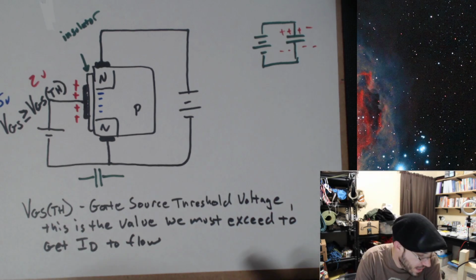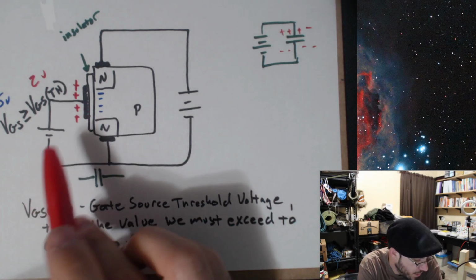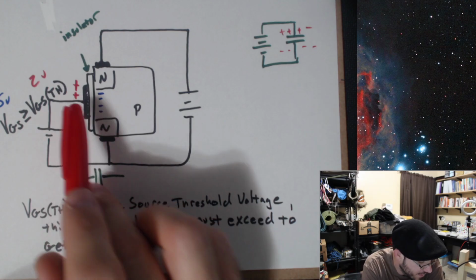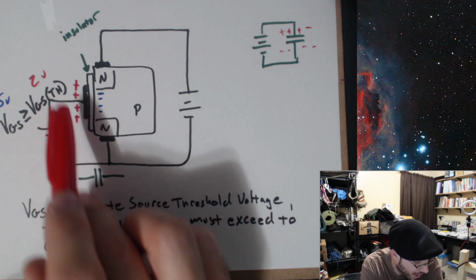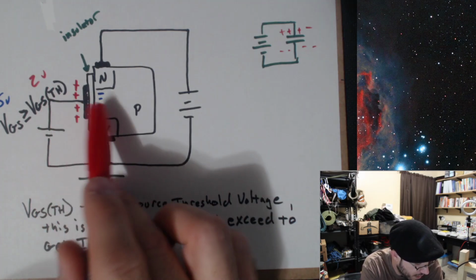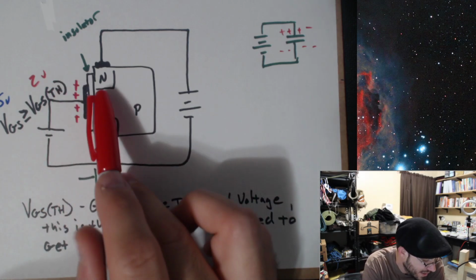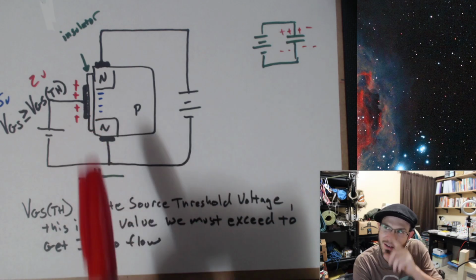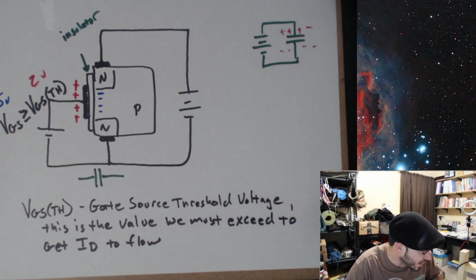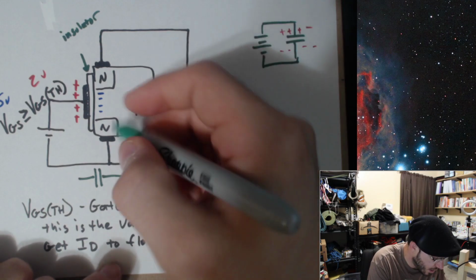So the same thing is happening here. By me applying a voltage to this gate, I am developing positive charge on one side, and similarly, I'm getting negative charge on the other side. This is known as the inversion layer.